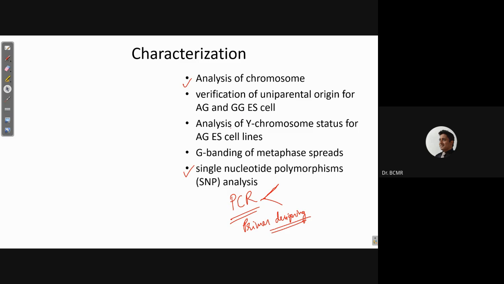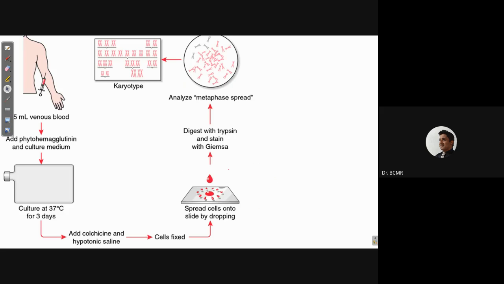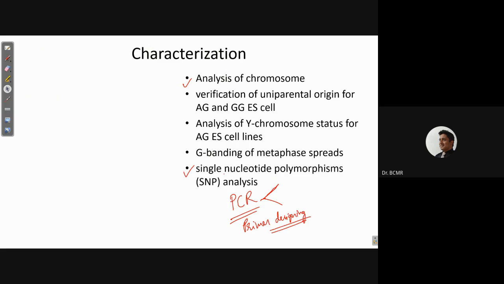So we will look at some of the methods where we can isolate the chromosomes and analyze them. The analysis of chromosomes requires a proper design of the experiment. It's not that we get the zygotes and then analyze. Designing starts from where we get the zygotes from.